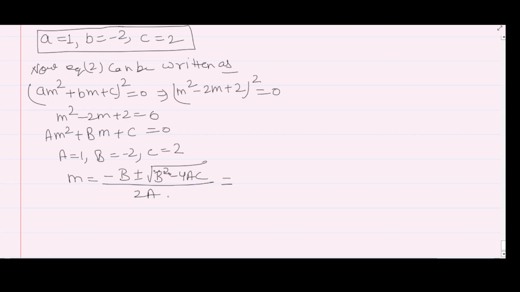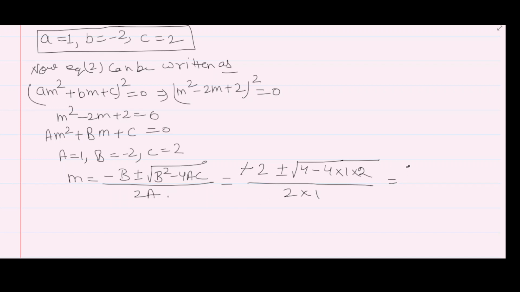Okay, so the value of b is -2, so minus minus will be cancelled out, this will be 2, plus minus under root b square, that is 2 square, that will be 4, minus 4, the value of a is 1, and the value of c is 2. So this will be 2, and here we will have 2a, 2 multiplied by 1.